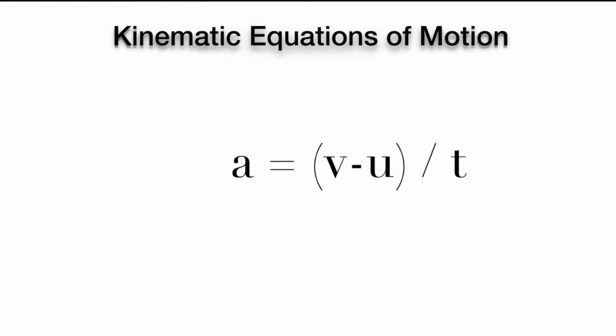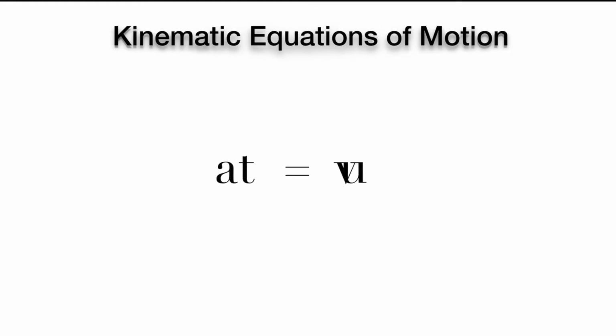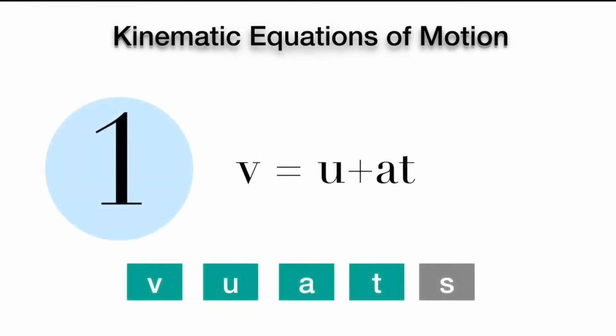Now, if we rearrange this equation, we will find that v is equal to u plus at. This is the first kinematic equation of motion. This equation consists of 4 variables: v, u, a and t.